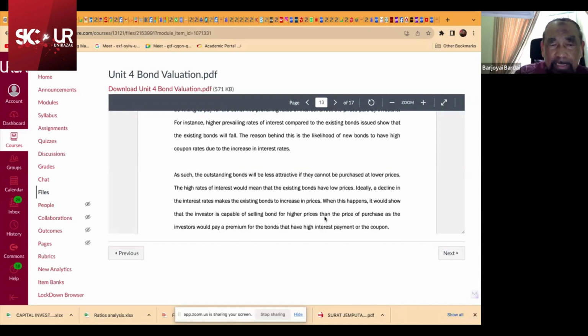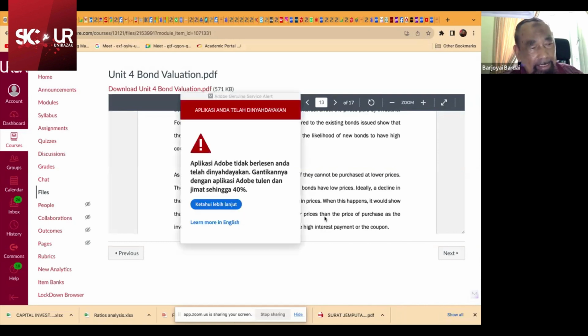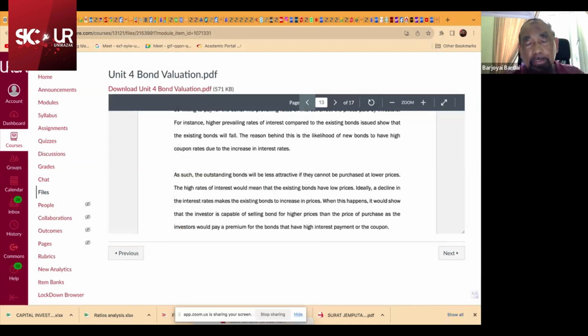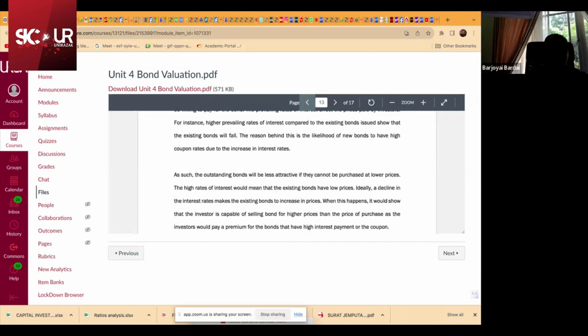Why it dropped drastically is because the yield that the bond is paying is much lower than the current interest rate. So people would prefer to buy new bond that is giving a much higher interest rate. And that was what happened to the Silicon Valley Bank. They sit on an asset which is in the form of bond, government bond, but the interest rate was low.